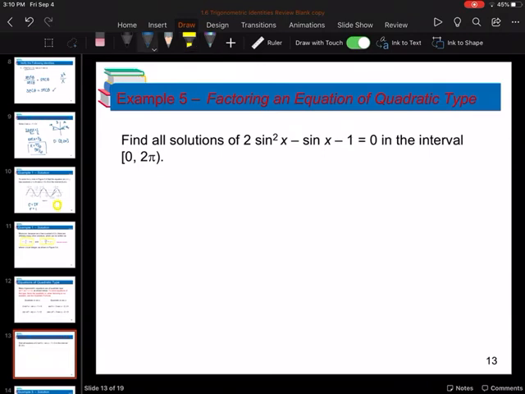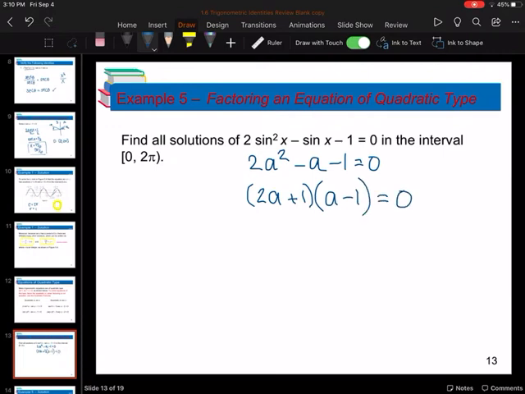We can also think of the solutions in terms of a quadratic. So 2 sine squared x minus sine x minus 1 is similar to saying 2a squared minus a minus 1. You're going to factor it so that you have the quantities 2a plus 1 and a minus 1.